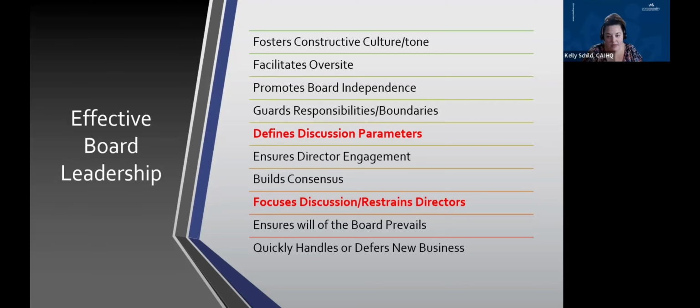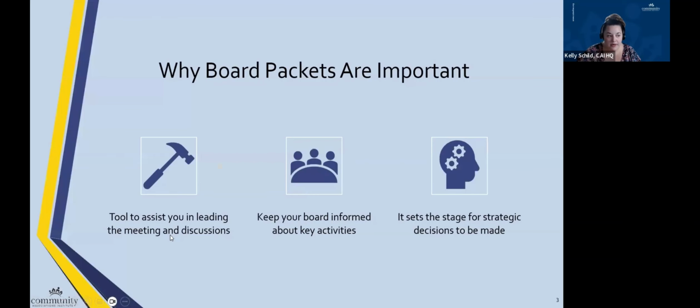And we all know that within our board meetings, sometimes discussions can take a life of their own, and you go down a path that really doesn't need to be going down. Or you're getting into the minutia of something, and it's really bringing your board members back into the discussion that needs to take place instead of going deeper than they really need to. So a board packet can really help you in this tool to bring back those discussions during your board meeting.